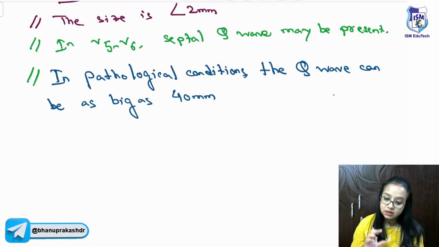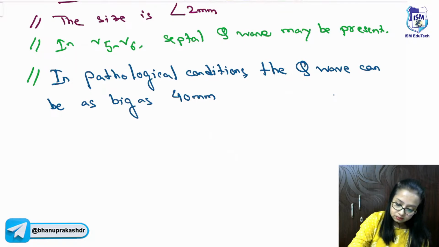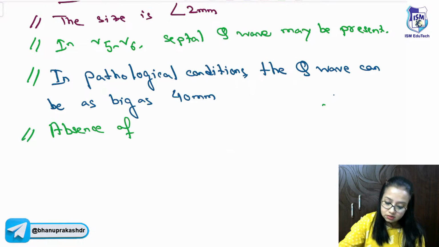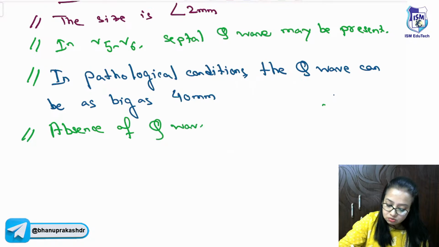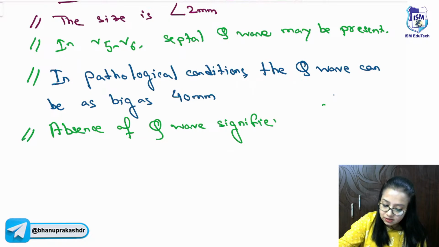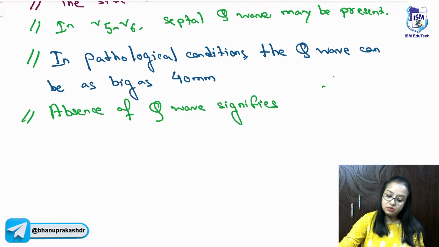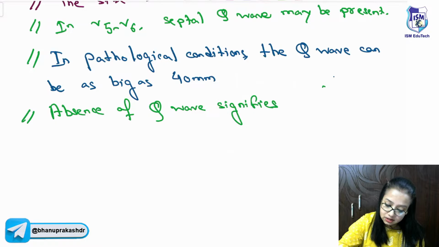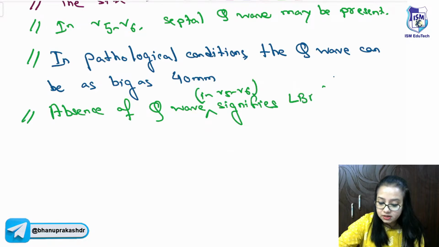It can be as big as 40 millimeter. Absence of Q wave signifies, where? Absence of Q wave in V5 and V6 signifies left bundle branch block. Okay.